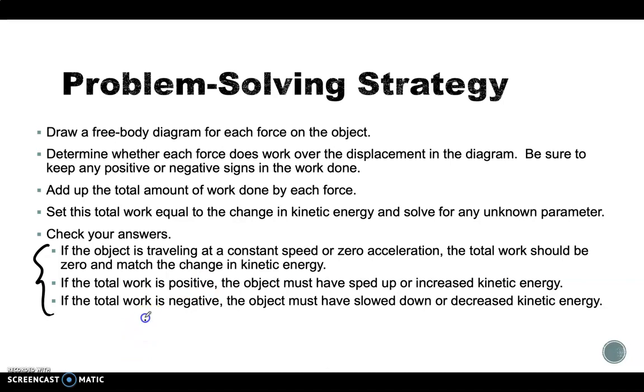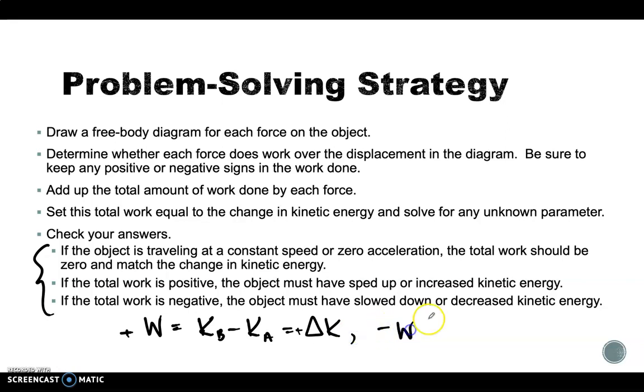Okay, so this makes sense since work is equal to K sub B minus K sub A, right? So if this is positive, okay, this change in kinetic energy must have been positive. Okay?